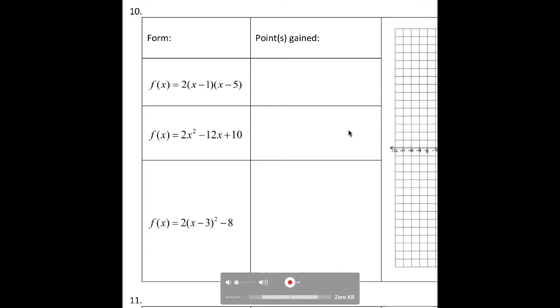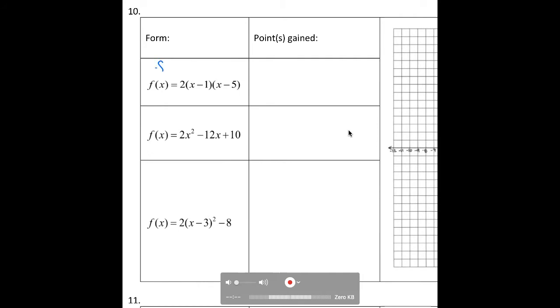Factored form. I will give you factored form, and you will be able to give me that exact same equation in standard form or vertex form. They're all equivalent. I just happen to give you all 3 of these equations here. By the end, you're going to be able to do that for me.